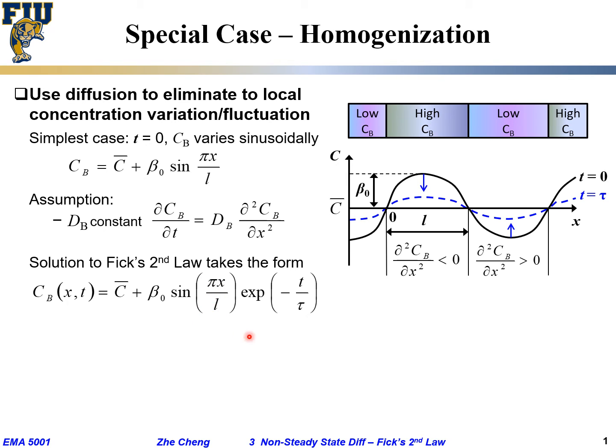But then we also have an exponential term that depends on time. The sine term doesn't depend on time, but the exponential term does. Okay? And then what it means is, when x equals 0, for finite time t, this pi x over L is 0, the sine term is 0.